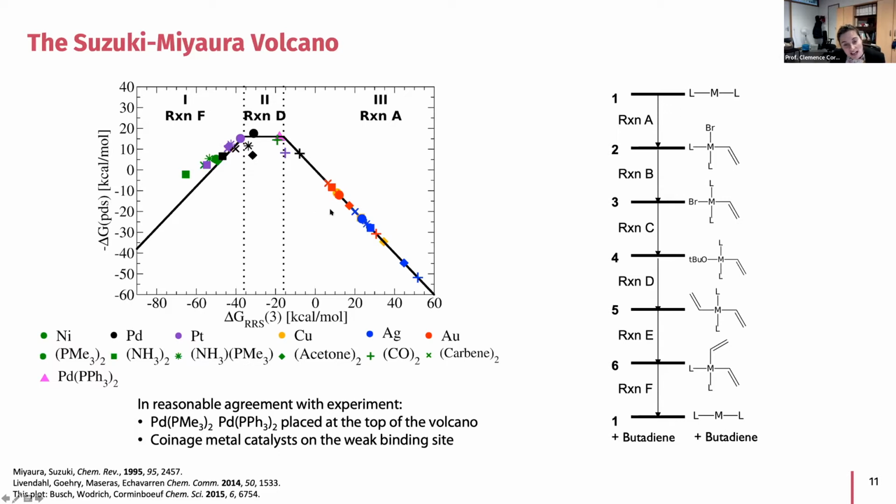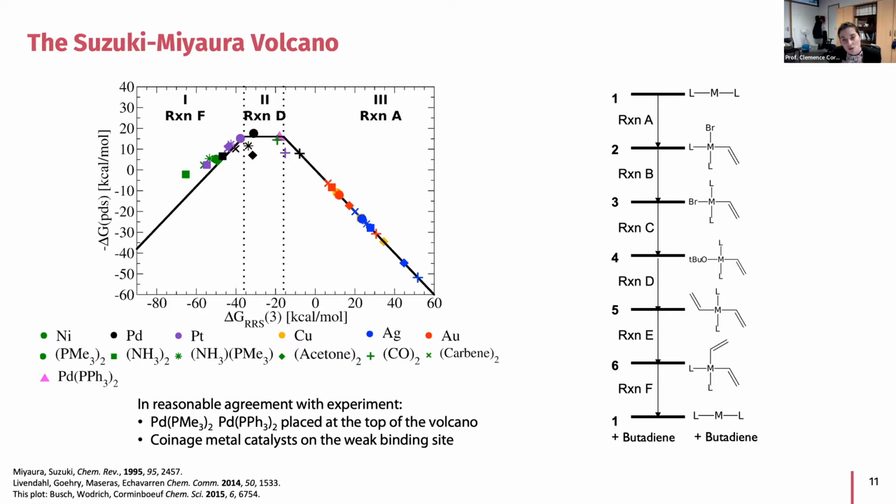On the opposite side, on the weak binding side, you have catalysts that are limited by the oxidative addition, so the binding of the substrate: silver, gold. And in the sweet spot here, you have palladium with phosphine.